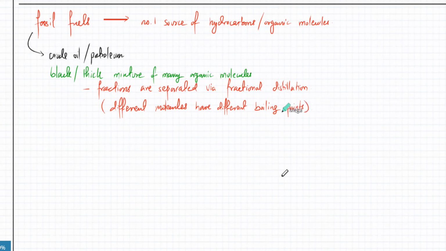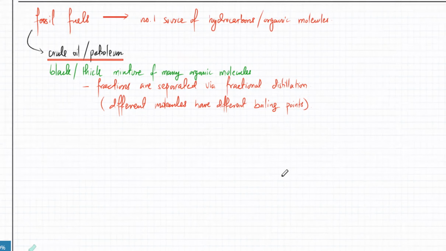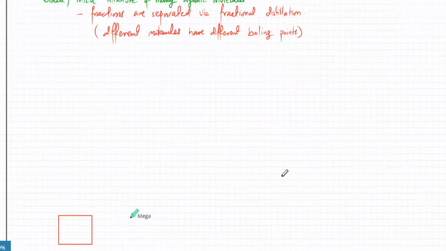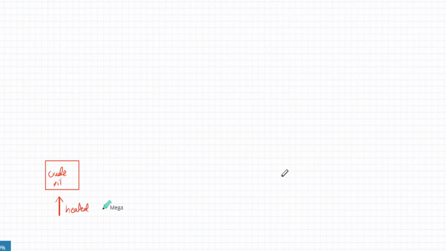So here is what is done. Crude oil separation is done in this way. The black thick liquid is taken into a chamber at the bottom. You take crude oil, the entire black substance, and it's heated strongly, and it's always indirect heating. It's heated and turned into vapor.